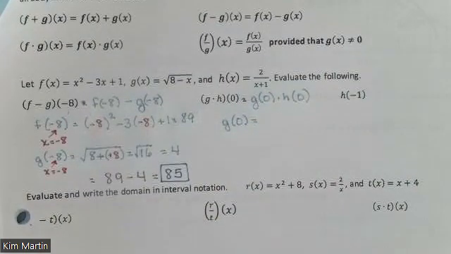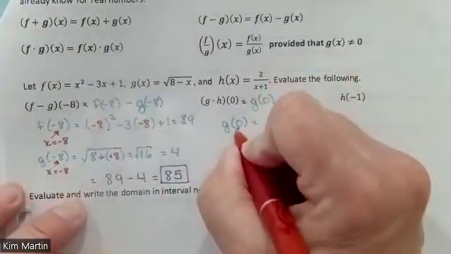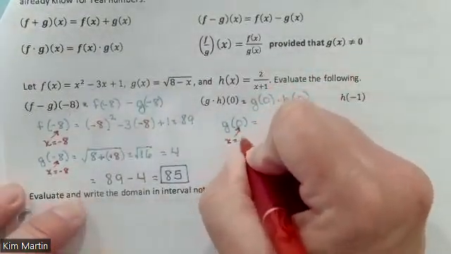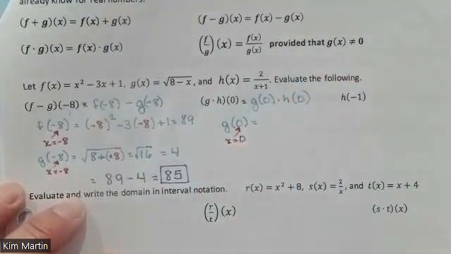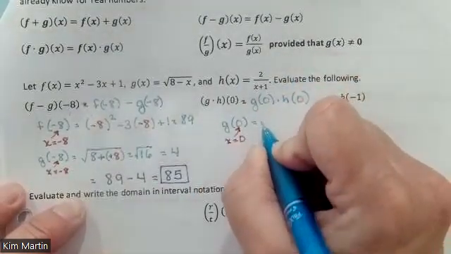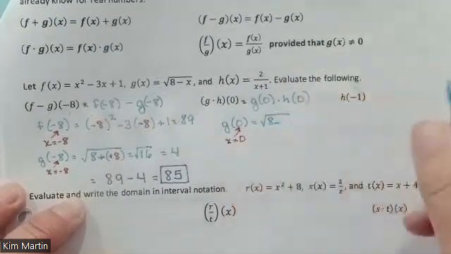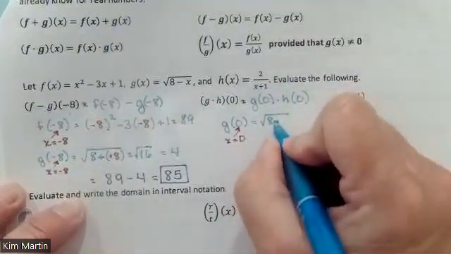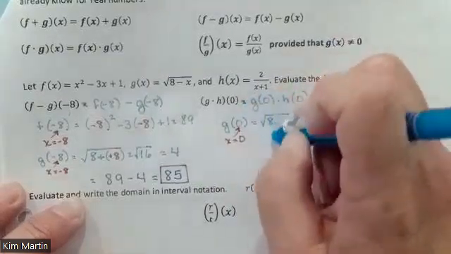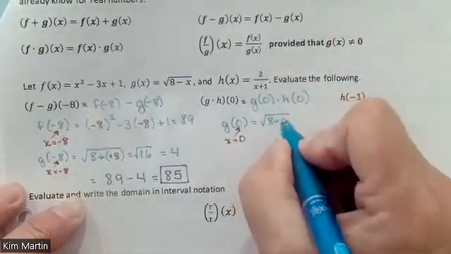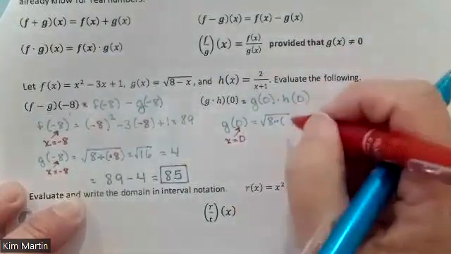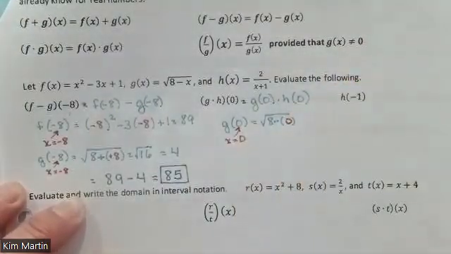Remember, when you're finding g of 0, this means x is equal to 0. So you take that g function and you take out your x and you plug in a 0 for it. So you get the square root of 8.